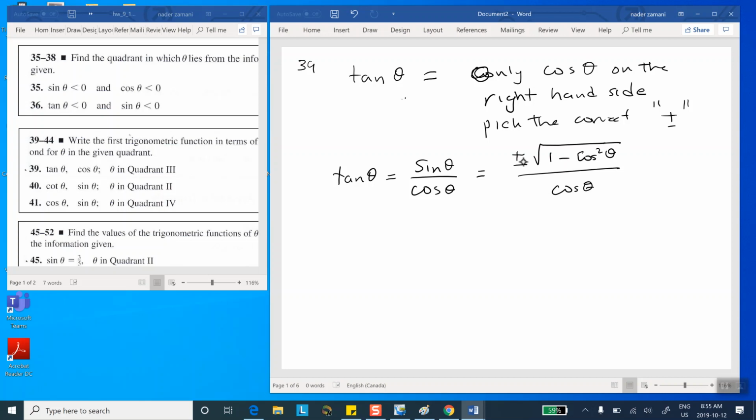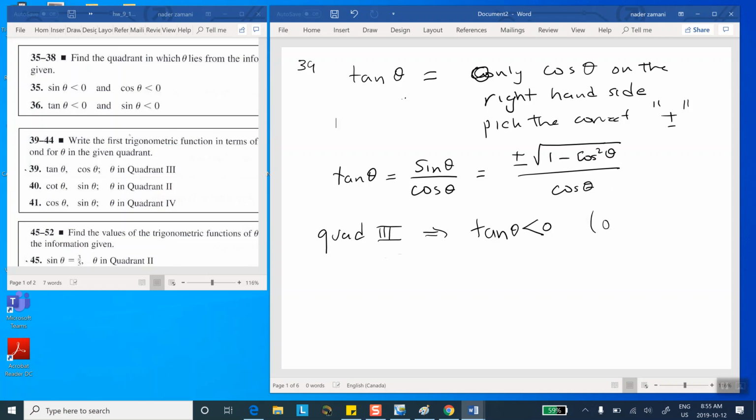Now, because you are in quadrant 3, that means tangent must be negative. And if tangent is negative, now remember, quadrant 3, tangent is negative.